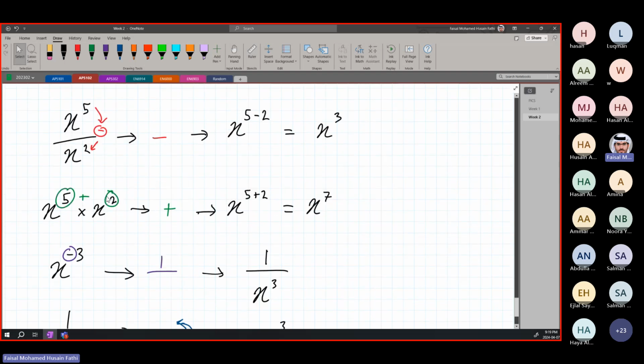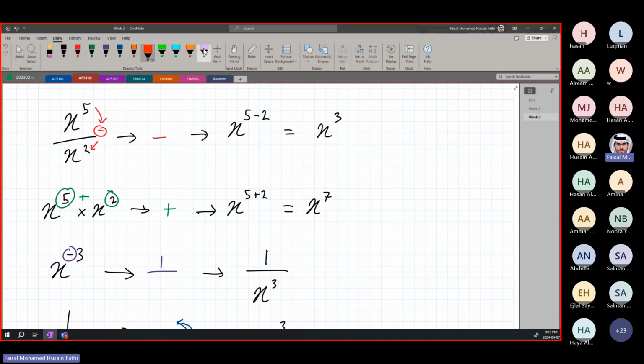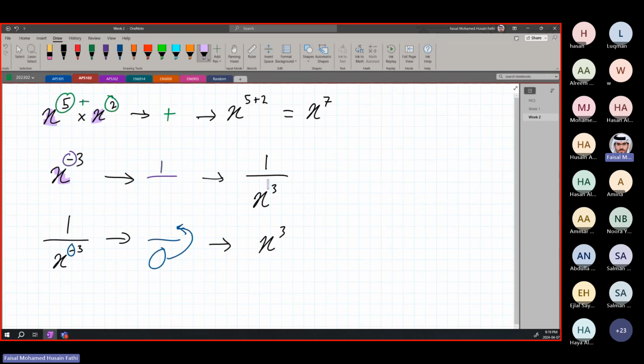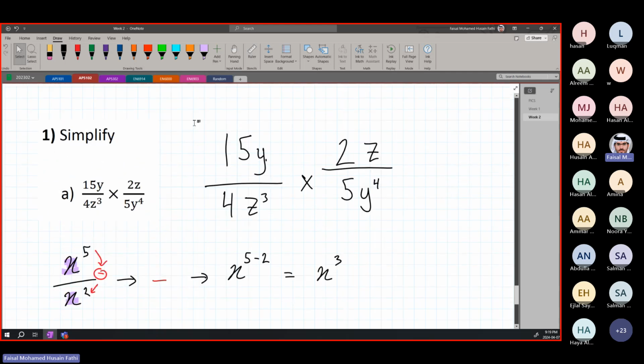If we have multiplication, we're going to add. If we have division, we're going to subtract. Keep in mind, these have to all have the same base. This is x and x, this is x and x. In multiplication and division, it has to be the exact same base. All right? Now let us get into solving this question.